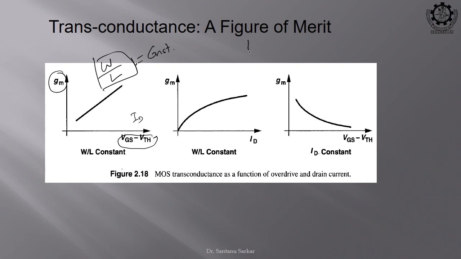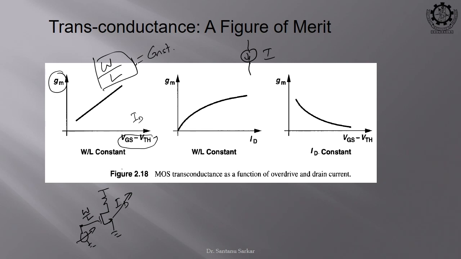Now, suppose your circuit is something like this, that you are using a current source. So, now your current you are forcing to be constant, right. In this case, if I draw the circuit, it is something like that. This voltage you are varying. So, if you are varying this voltage, this ID will also vary, but its W and L are fixed.